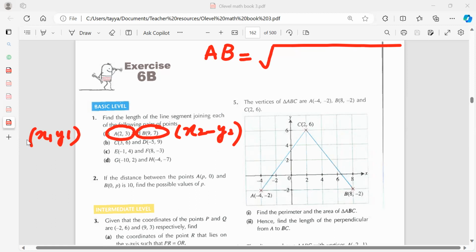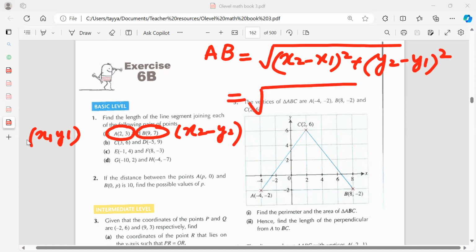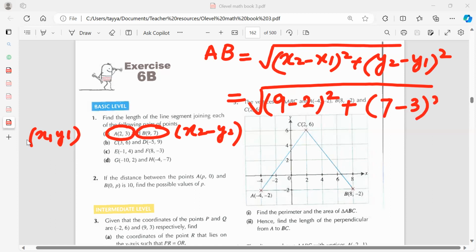A point is x1, y1. So we are applying the formula here: x2 minus x1 square plus y2 minus y1 square. What is x2? x2 is 9 minus x1 is 2. Then y2 is 7 and y1 is 3.